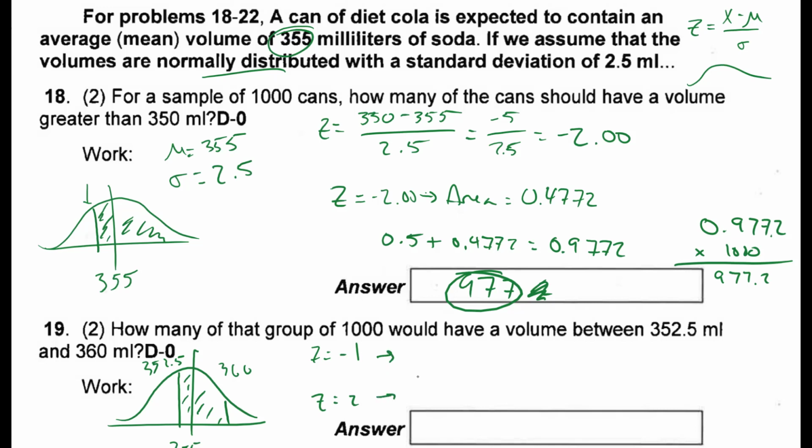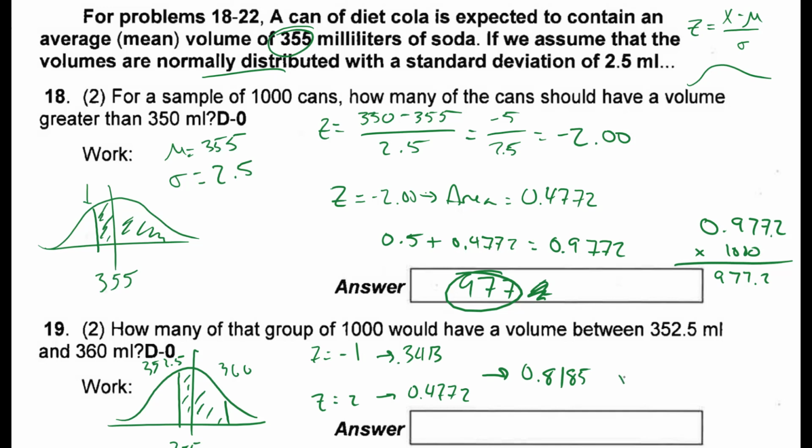So I am cheating just a little bit here by recognizing some quick values. Okay, so at -1, I get 0.3413, and up to 2 is again 0.4772. So it looks like I just need to add those together: 0.8185.